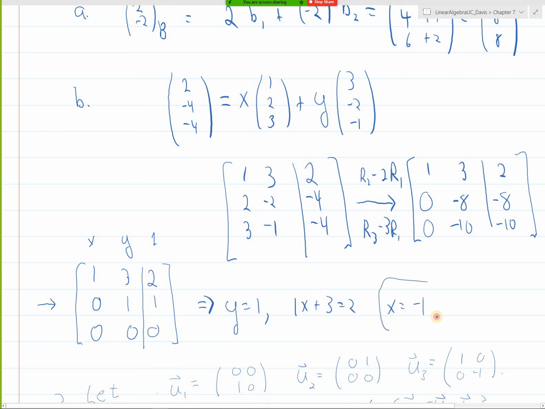So x equals negative 1. So that's the answer. Now, of course, you can always go back and check. If you put minus 1 here and 1 here, I take the negatives of these and add them to this. Minus 1 plus 3, minus 2, minus 2, minus 3, minus 1, looks like it works.